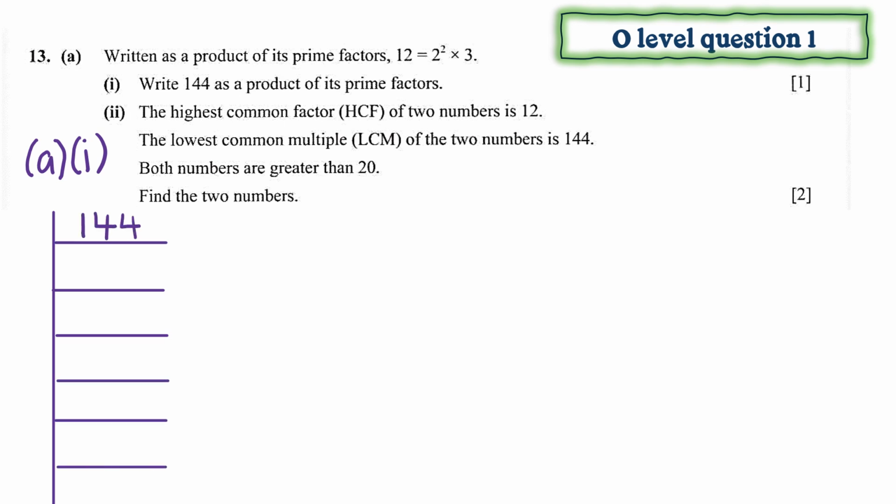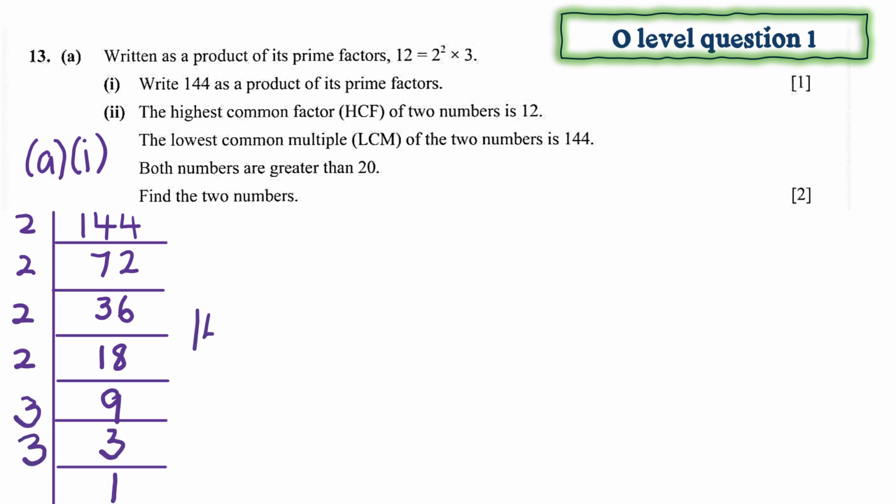Right, so we can take 144 divided by 2 to get 72, divide by 2 again to get 36, divide by 2 to get 18, divide by 2 to get 9, then divide by 3. So the prime factorization for 144 will be 2 to the power 4 times 3 squared.